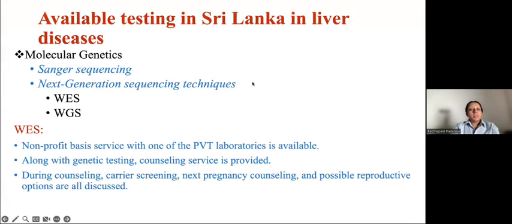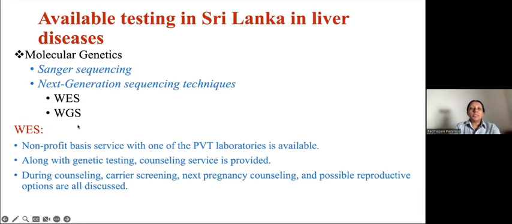So these are the available genetic tests in Sri Lanka. In terms of liver diseases, we have molecular genetic testing. We have Sanger sequencing, especially for validation or carrier screening. Then we have NGS-based platforms, whole genome and whole exome.